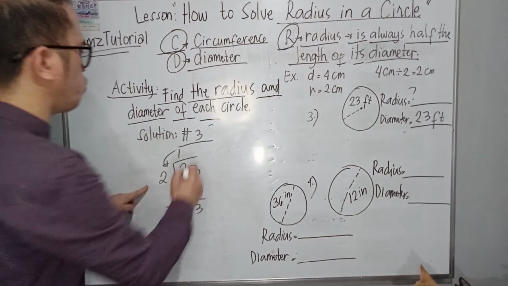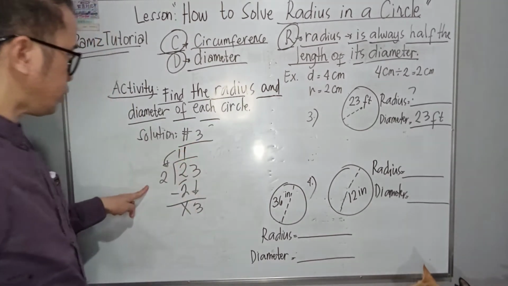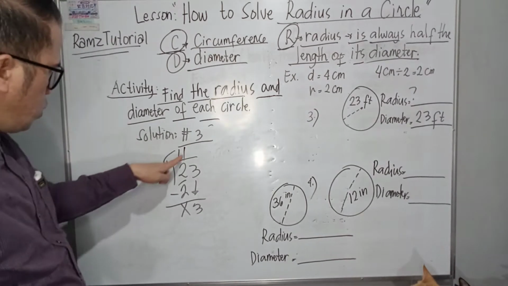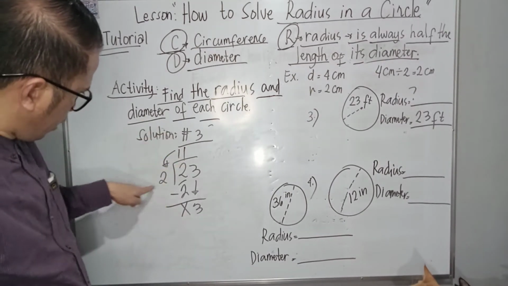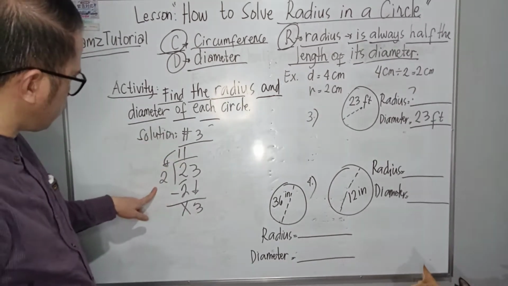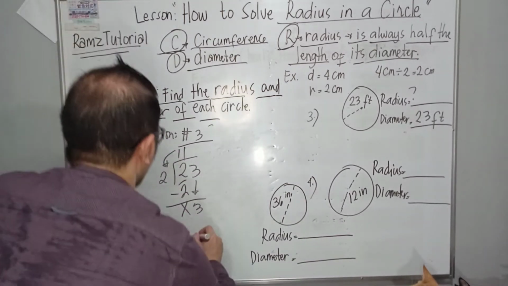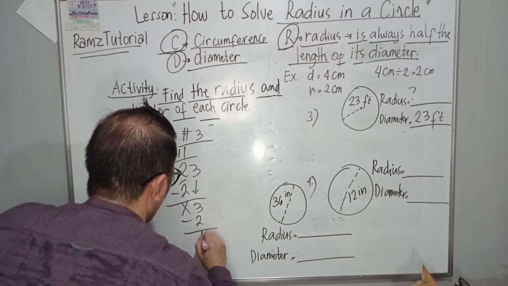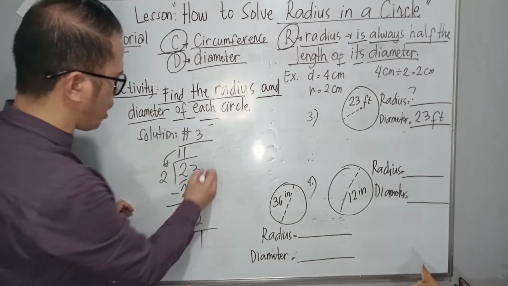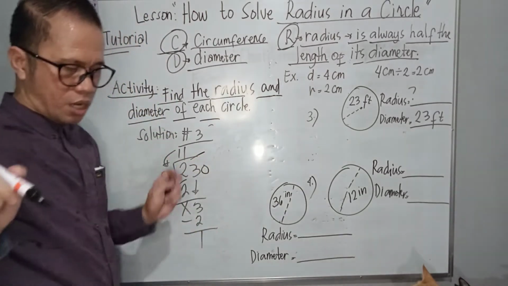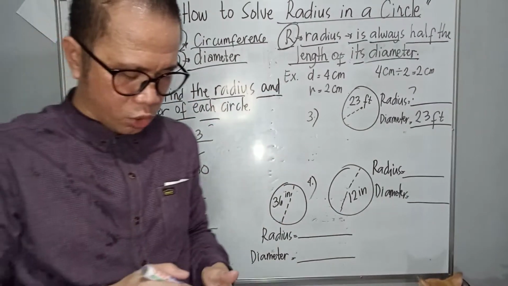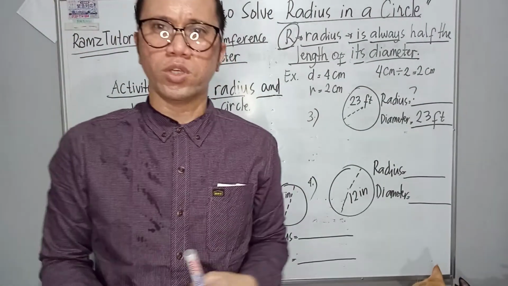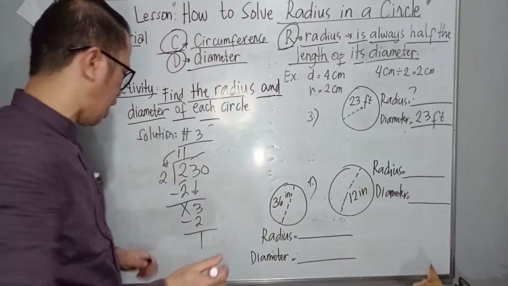Then 3 divided by 2, we have 1. 1 times 2, we have 2. Continue, bring down 1, it cannot be divided, class, so we add 0 here. That's what you call the technique, guys, that you need to know continuous division until you get the exact answer.